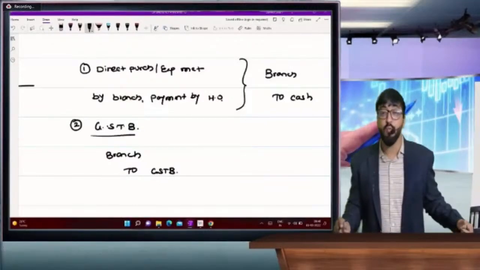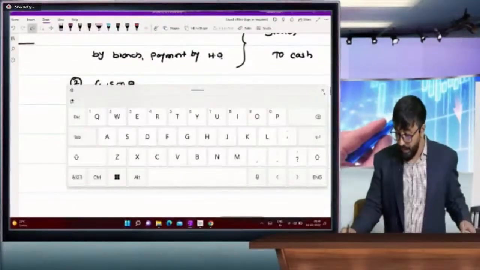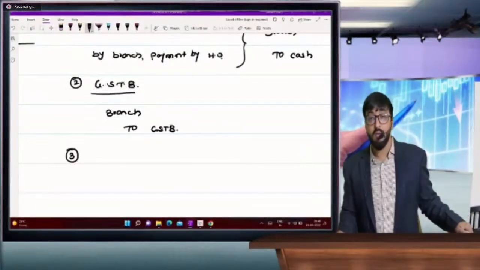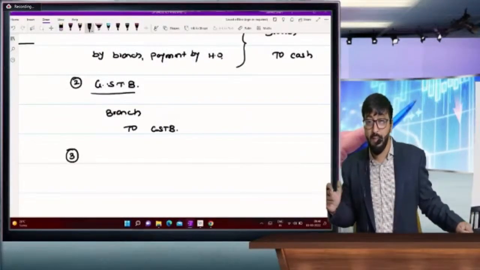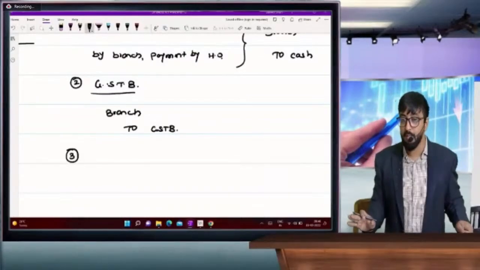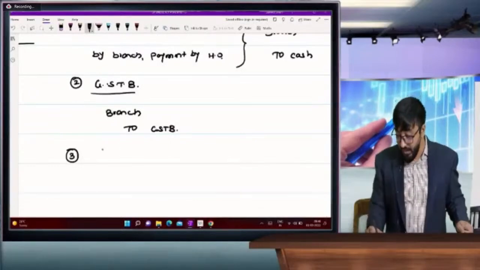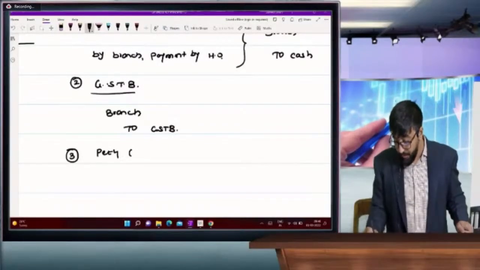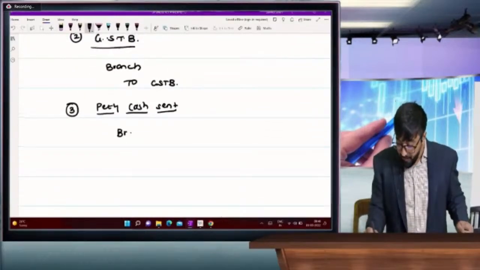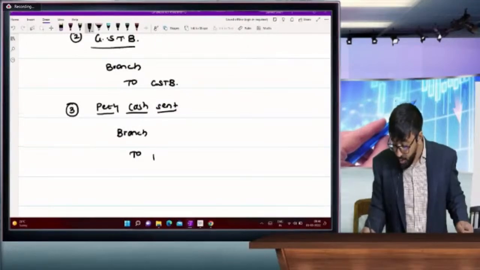Think from the HO point of view. Sales and bad debts are done. Returns from customer, HO is not involved. Then petty cash sent. What is the entry for petty cash? Branch account debit to petty cash.